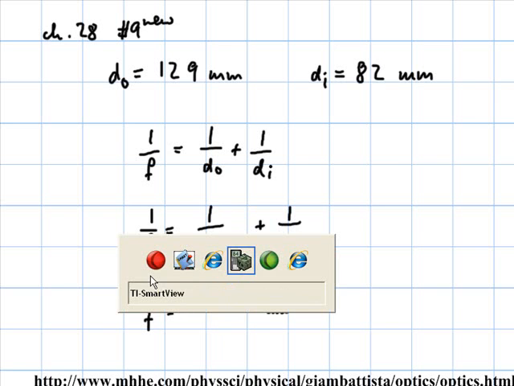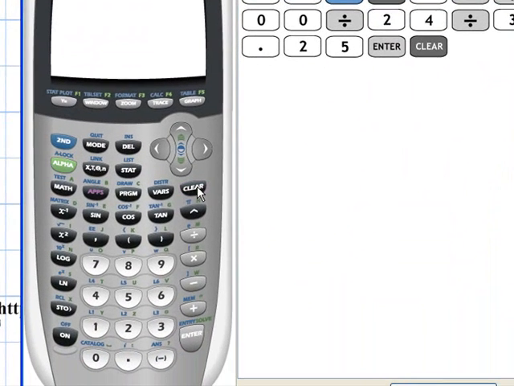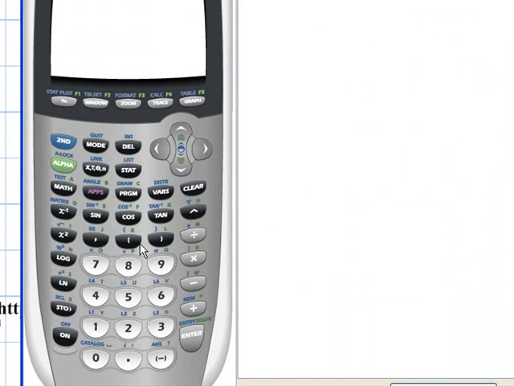Okay, graphing calculator. So it's going to be 1 over 129 plus 1 over 82. Enter. And now if I left the result like that, I would come out with a ridiculous 0.02, and that just can't be correct in millimeters.